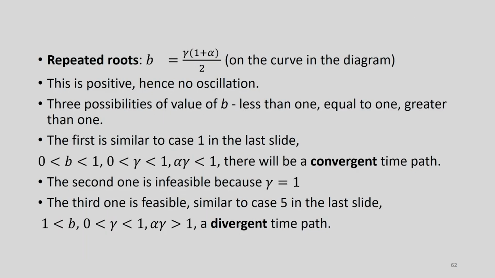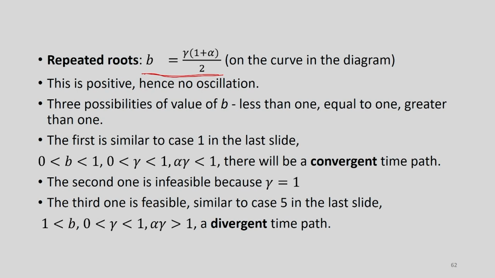Now, we come to the repeated roots case. In the repeated roots, what is the root? Root is equal to gamma multiplied by 1 plus alpha divided by 2, and that basically means we are on the curve, all right. We are neither above the curve nor below the curve, and the root is positive. So, there is no oscillation.